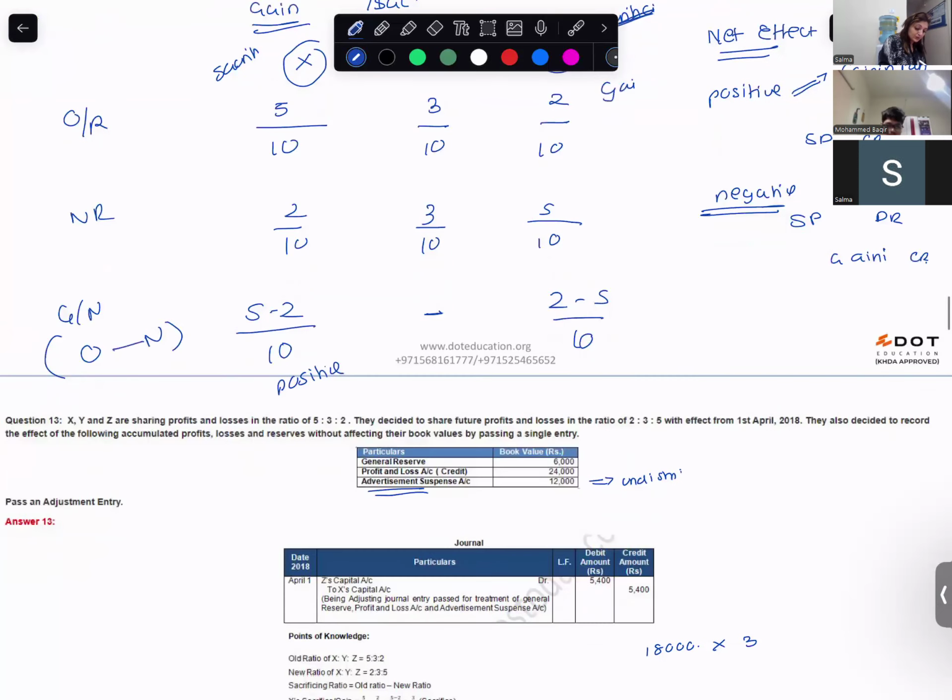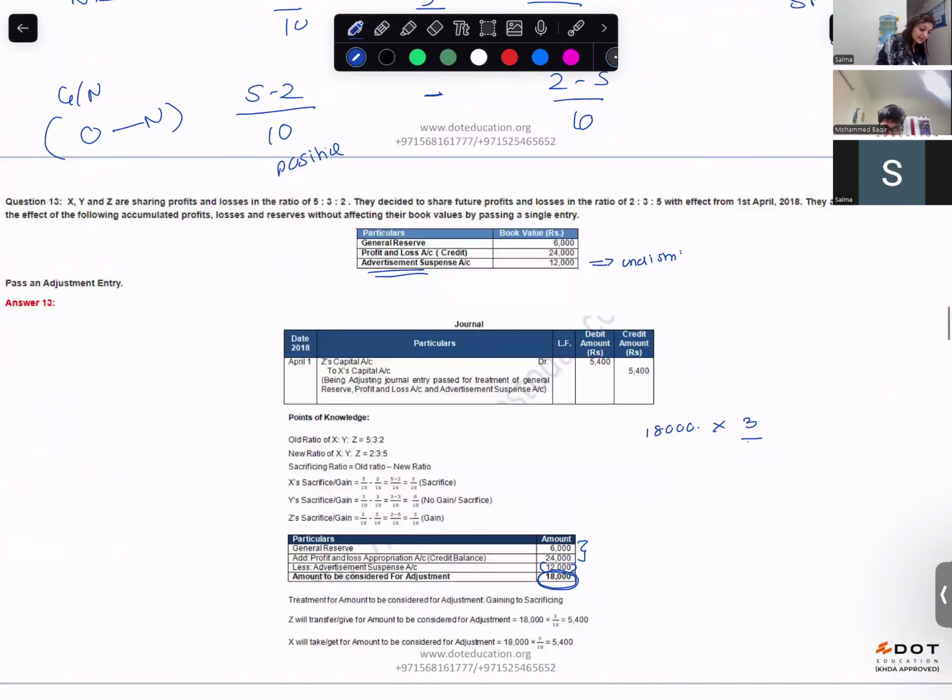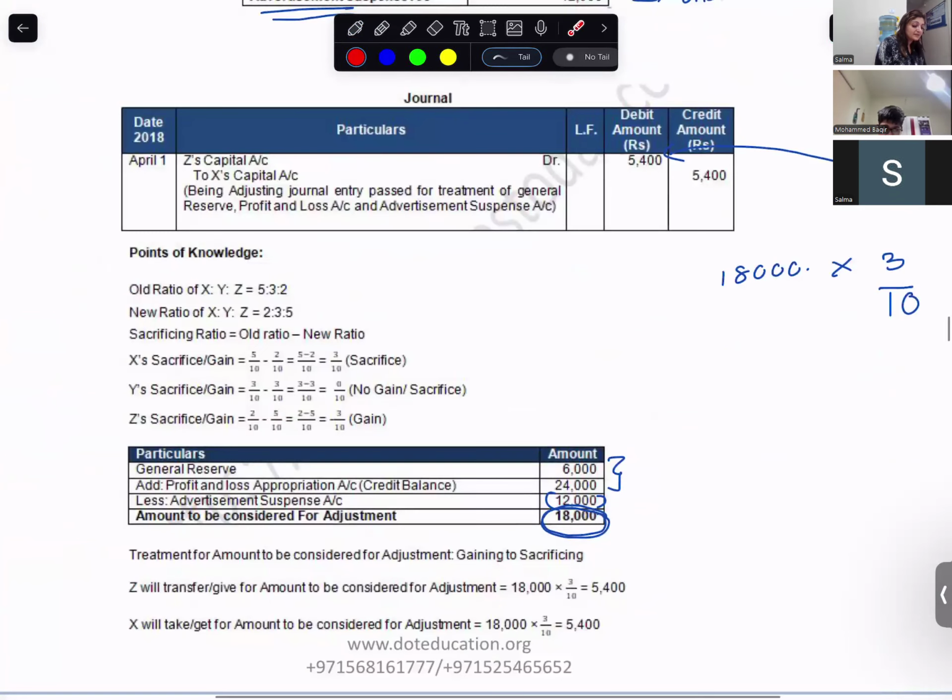So 18,000 into 3 by 10 would go to Z's capital account debit, and 18,000 into 3 by 10 would go to X's capital account credit. Gaining partner debit, sacrificing partner credit.